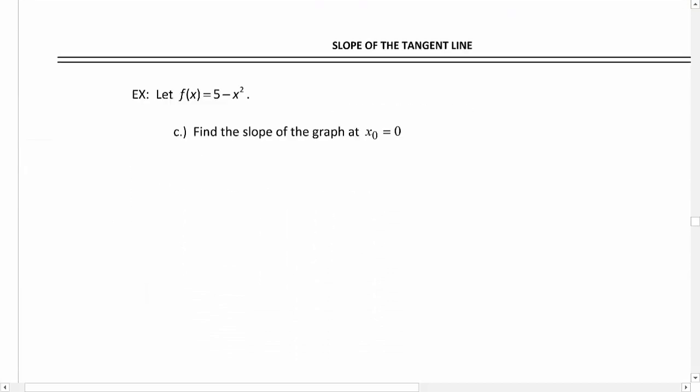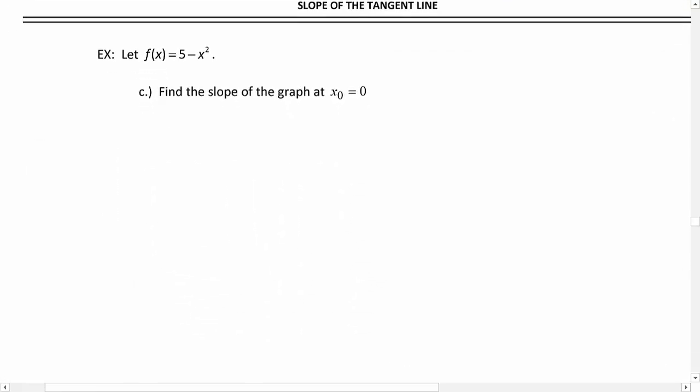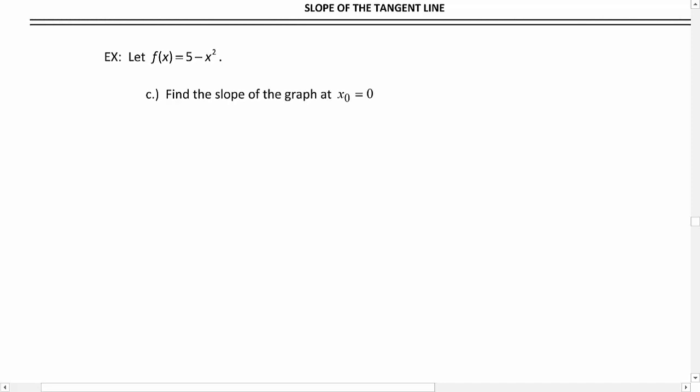So here's a continuation. Part C, we want to find the slope of the graph at x sub 0 equals 0. So we're basically just doing a repeat of part A, but this time we're doing it when x sub 0 is equal to 0.